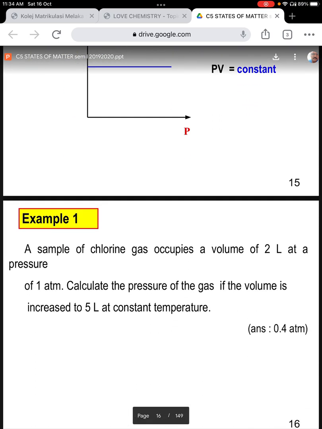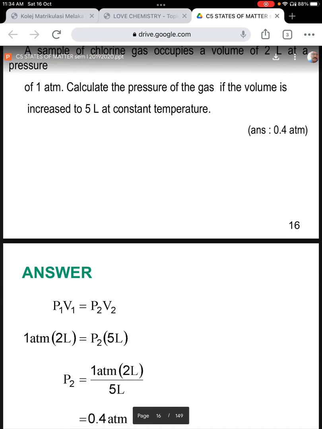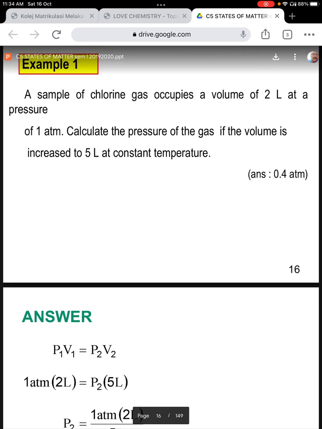Now we look at an example calculation. A sample of chlorine gas occupies a volume of 2 liters at a pressure of 1 atm. Calculate the pressure of the gas if the volume is increased to 5 liters at constant temperature. Since they mention constant temperature, we directly apply Boyle's law. P1V1 = P2V2.